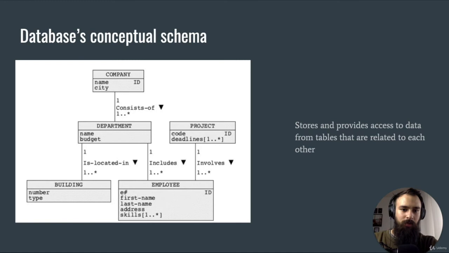So a database stores and provides access to data from tables that are related to each other. You see that every table in the database has at least one link with another table, if not more than one, like the table department, for example.